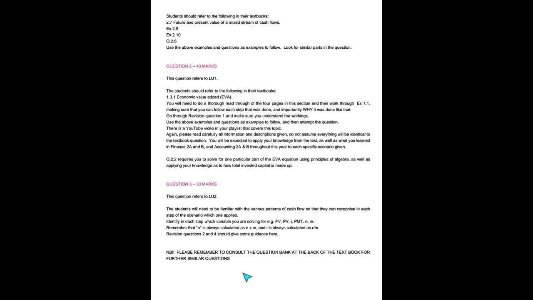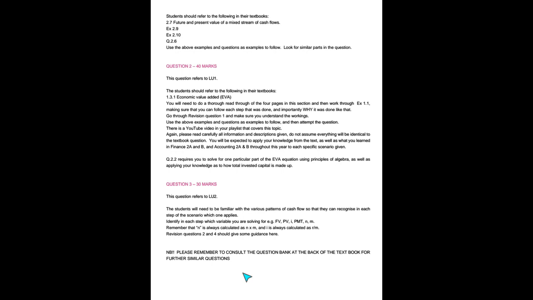And the reason that that's a future value is because he's investing 80,000 as a lump sum, and he's leaving that 80,000 rand in the investment for 5 years. So that's the future value of a lump sum.